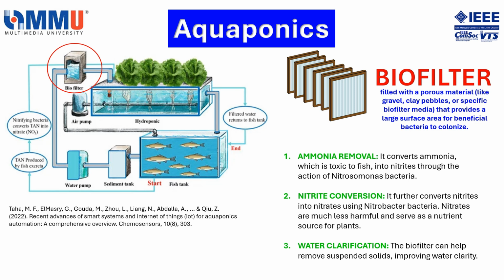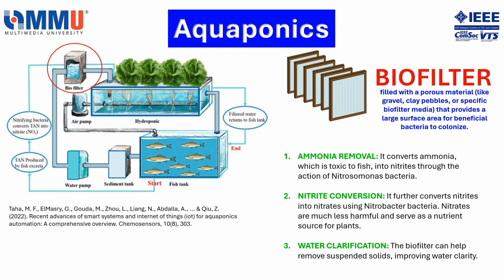Aquaponic systems use a special type of filter known as biofilters, which are made from porous material such as gravel, clay pebbles, and other biofilter media, which provide a large surface for beneficial bacteria to colonize.